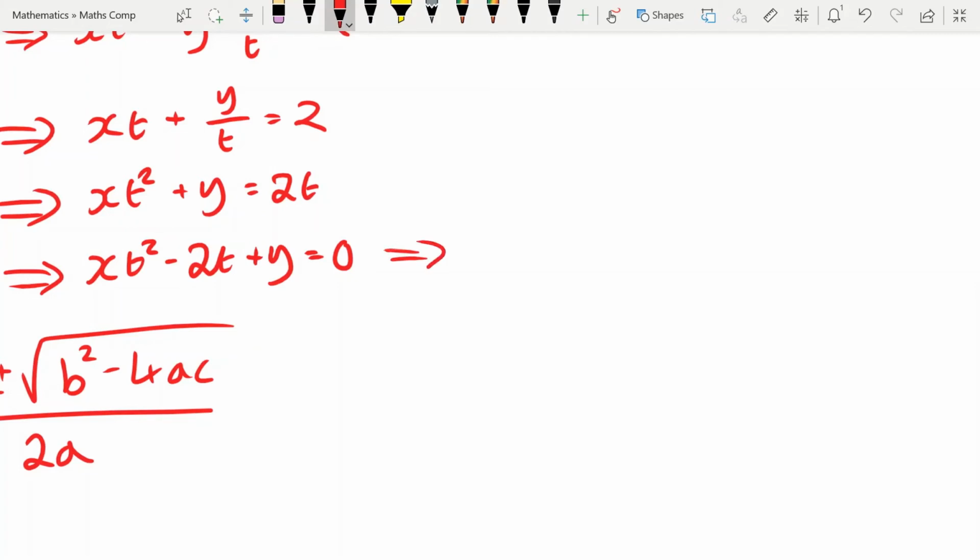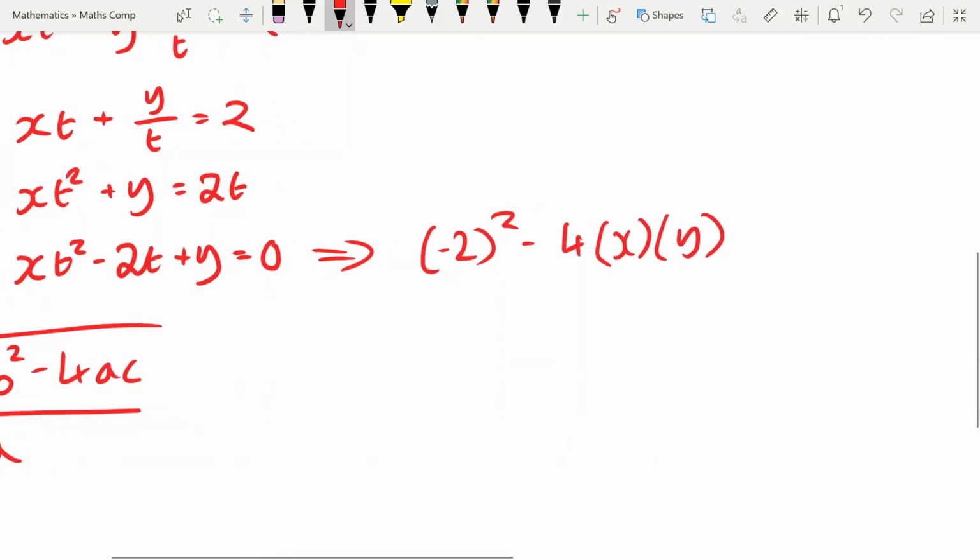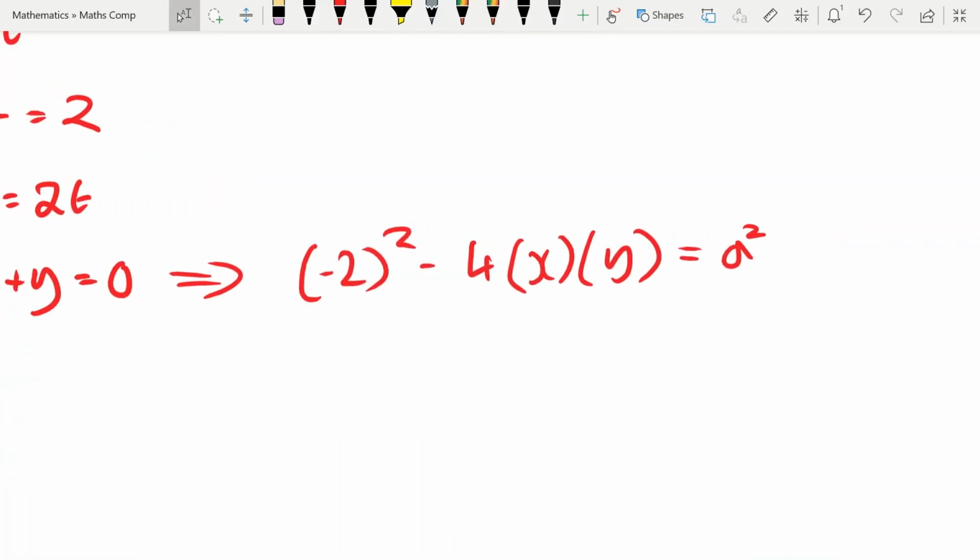The discriminant of this equation is minus 2 squared minus 4 times a, which is x, times c, which is y, and this is a perfect square, so we can say this is a squared for an integer a.